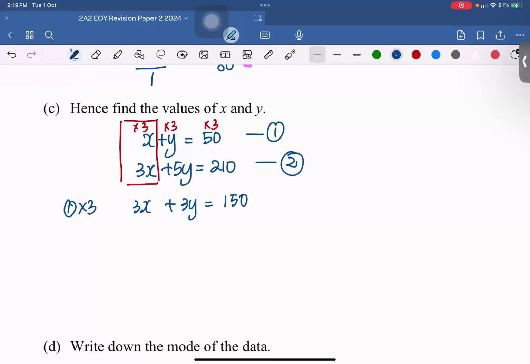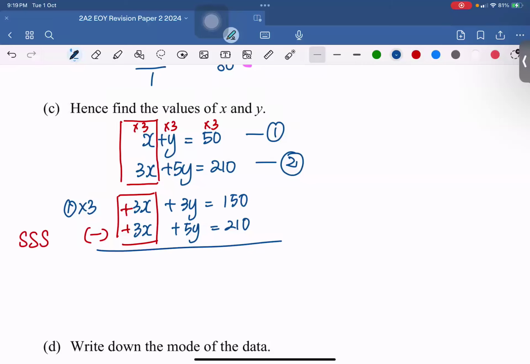Then can I also do substitution? Yes, you can do substitution. Okay, then this one over here, same sign, subtract. This is plus, so same sign, subtract. I'm going to minus. So 3x minus 3x, no more x.